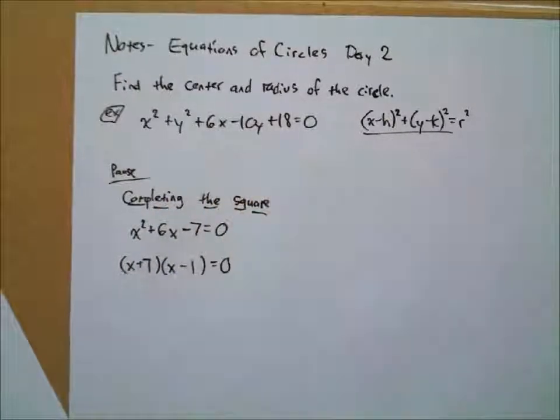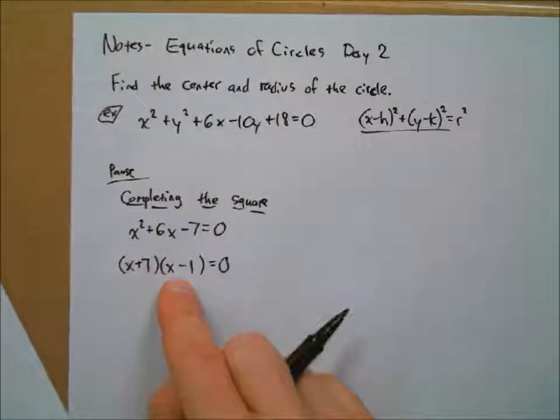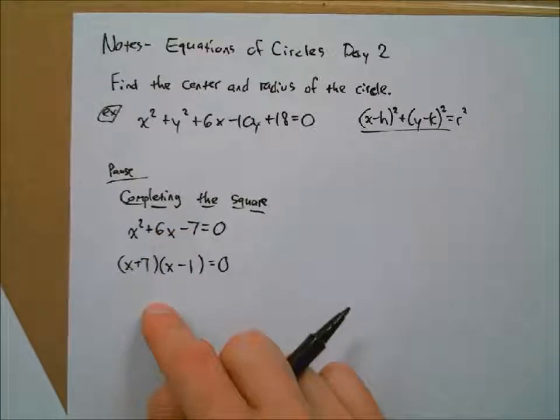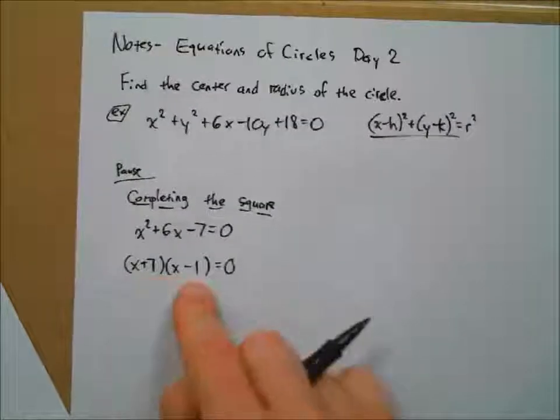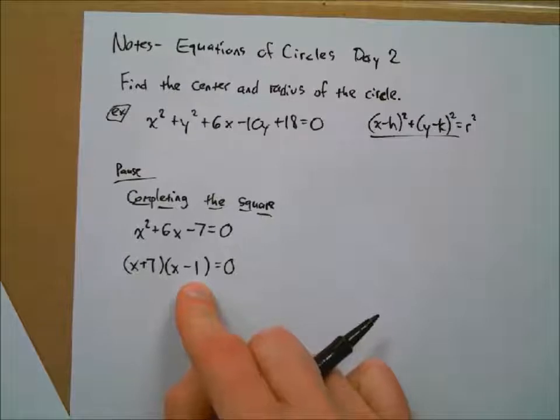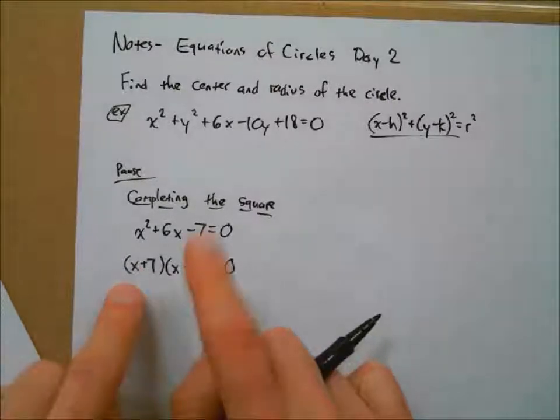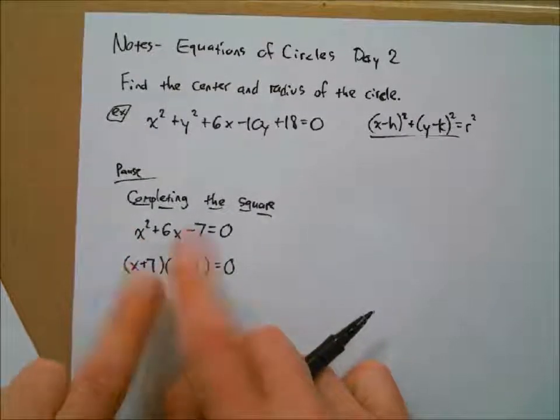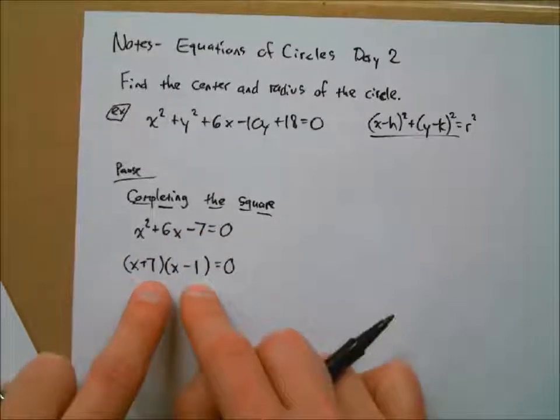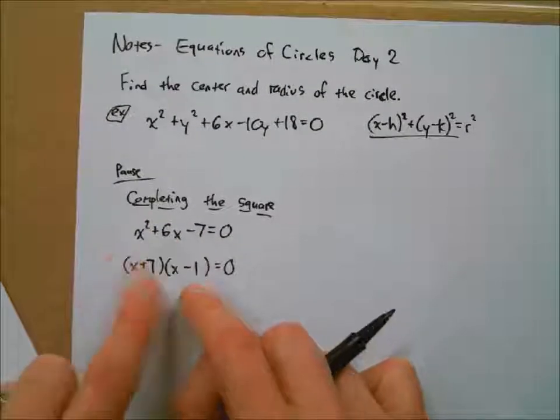Okay. Right. And again, we know that's got to be true because of our familiarity with how we understand how these things multiply out, right? You didn't learn how to factor first. You first learned how to multiply these two things together. And once you saw what happened over and over and over again, right? The x's multiplied to give us the x squared. You had the 7x, but also the minus 1x that would add to give us the 6. And then the 7 and the negative 1 multiplied to give us the negative 7.